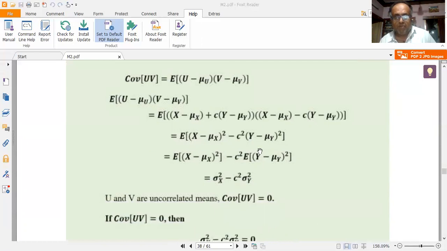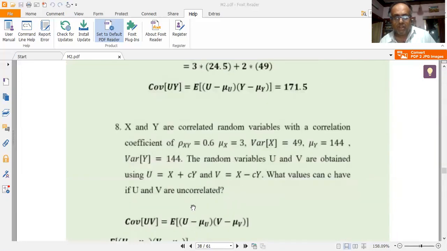By the linearity property of expectation, I can write this as E of (X minus mu X) the whole square minus c squared E of (Y minus mu Y) the whole square. Or by definition, this is equal to sigma X squared minus c squared sigma Y squared. But I know that U and V are uncorrelated. How do I know that they are uncorrelated?